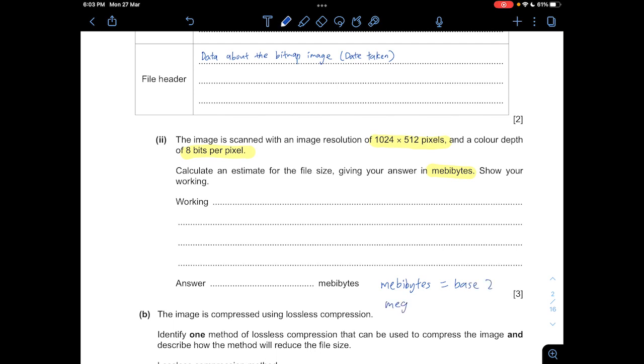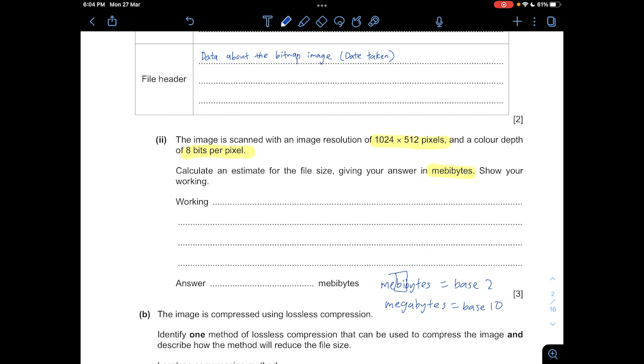Megabytes is calculated with base 10. So every time you see mebibytes or megabytes, the easiest way to differentiate it is this BI in the middle of the word. BI means binary, you can use it as a short form of binary. That's how you can determine whether the format should be base 2 or base 10.